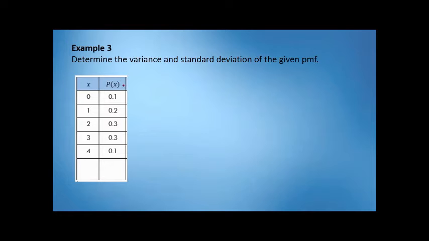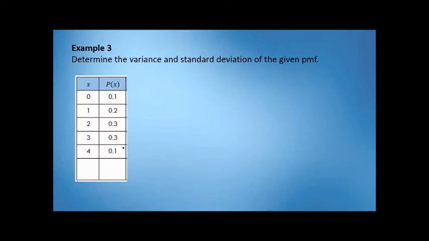The second column is the probability of each value. The probability of 0 is 0.1, of 1 is 0.2, of 2 is 0.3, of 3 is 0.3, and of 4 is 0.1.